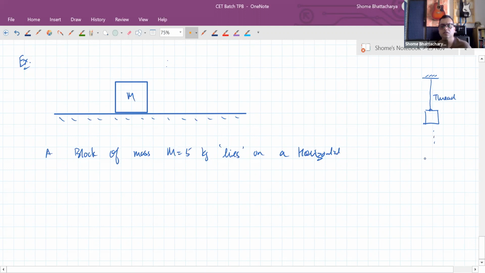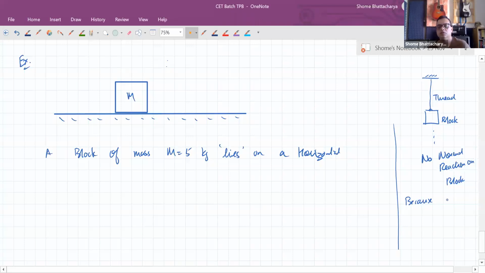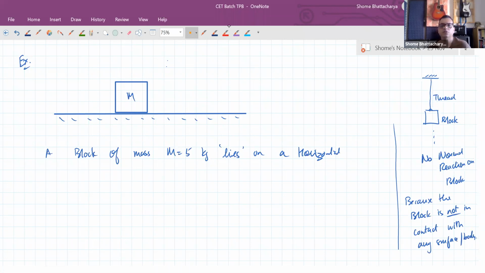In this case, there is no normal reaction acting on the block, because the block is not in contact with any surface. The condition for normal reaction to act on it is that it has to be in contact with another body or another surface. So yeah, free fall also includes that case.